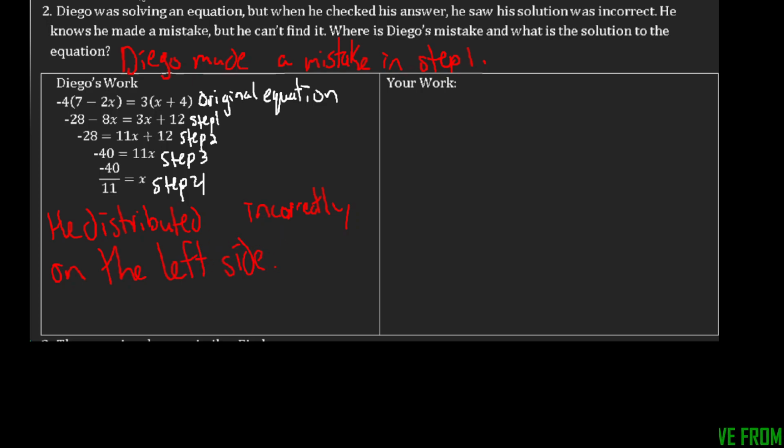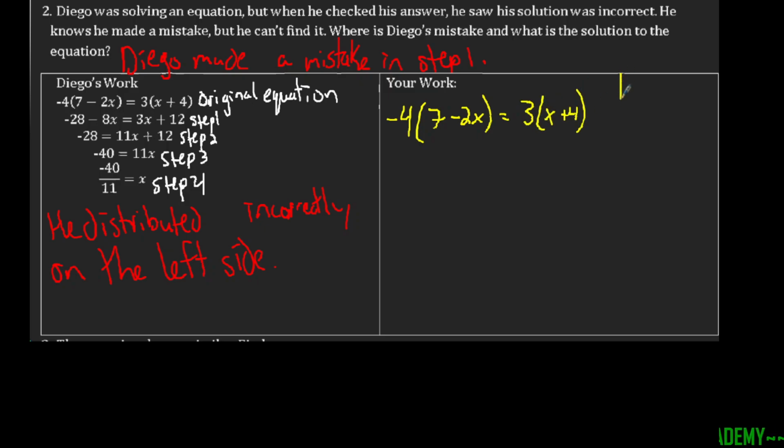And so what we can do is show our work and see what we get. So we have the original equation: -4 times quantity 7 minus 2x equals 3 times x plus 4.